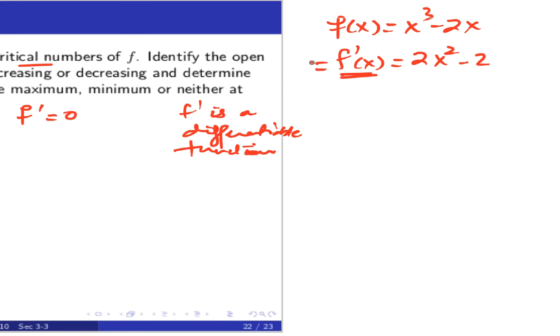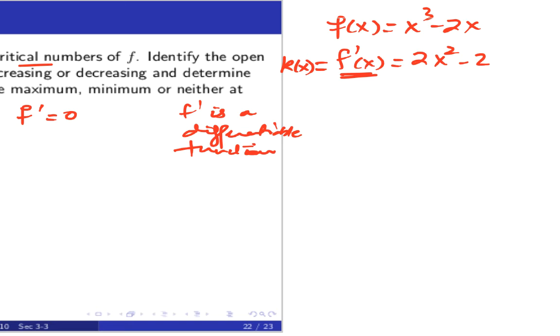I could just have called this, say, k of x. It doesn't matter. I'm just writing down that this is a differentiable function. So that's what it means. f prime is a differentiable function. Now, remember, the original function was cubic, but the derivative is a quadratic function. So when I draw the graph of the cubic function, x cubed minus 2x, what would it look like?